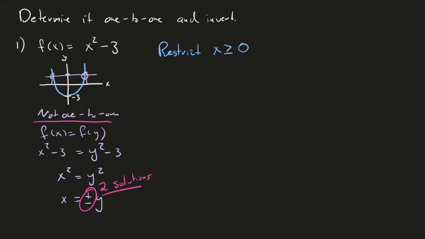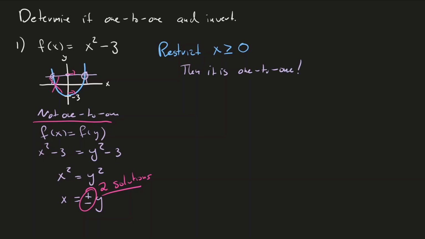So in this case, we say, okay, we don't care about that side. We're just going to focus over here where this thing is one-to-one. We took off that issue on the negative axis. So if we were to restrict it, then it is 1-to-1.